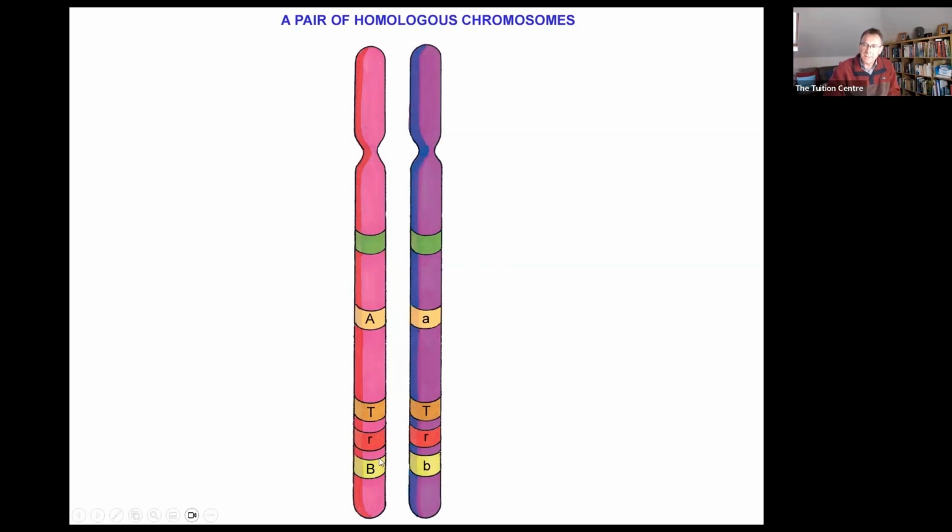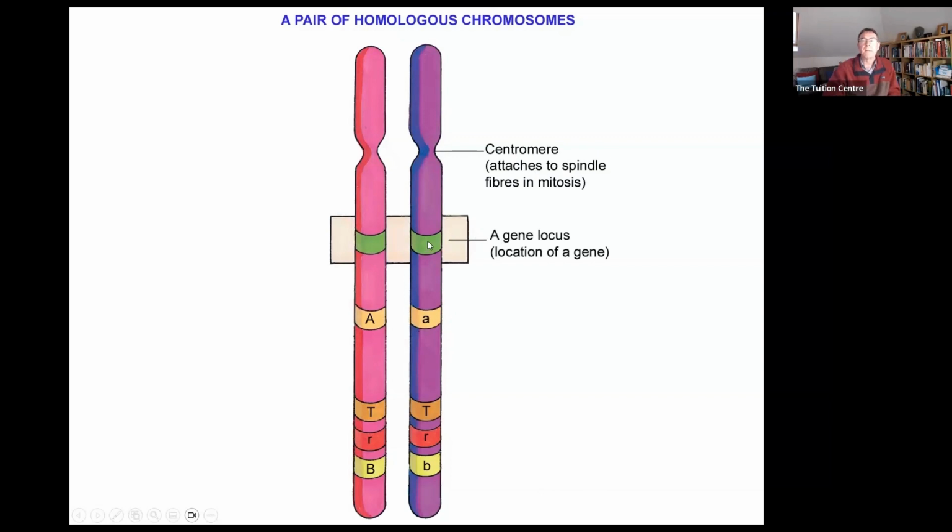But what you'll notice is that little dent there, that's the centromere. That's the position or the structure where another sister chromatid will be attached. And it's also, as we'll see, where the spindle fiber is attached during mitosis. But these other bits are just highlighting where genes might be, the positions on the chromosome of a particular gene.